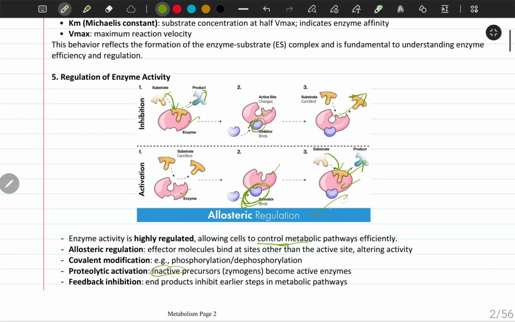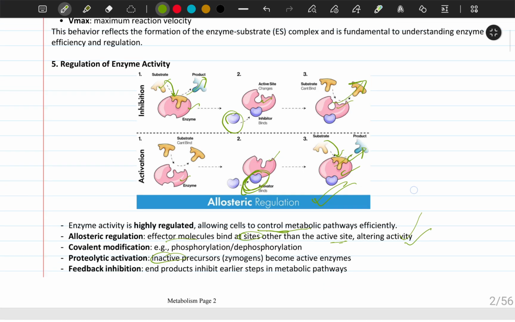So this was allosteric regulation, inhibition and activation. Effector molecules bind at sites other than the active site, altering the activity. Covalent modification we are seeing in phosphorylation and dephosphorylation.